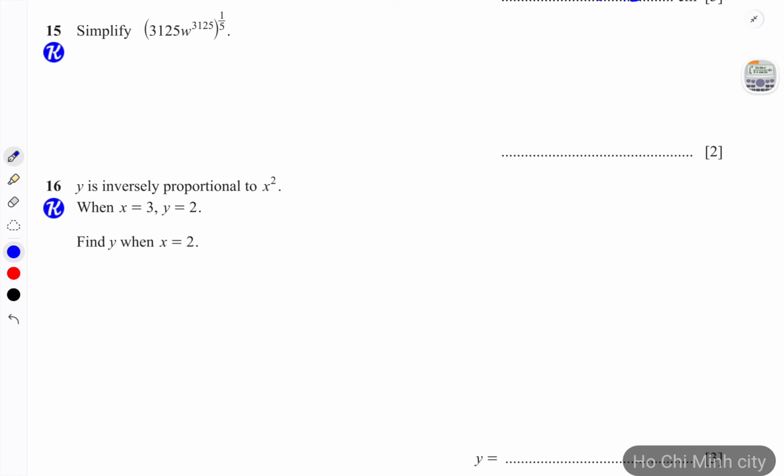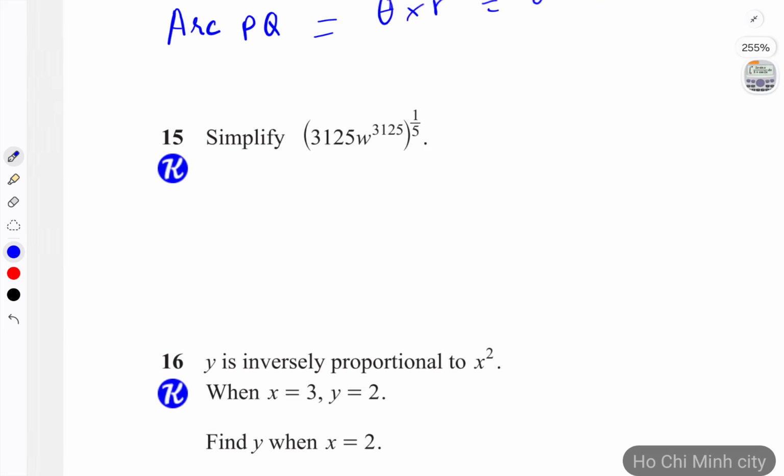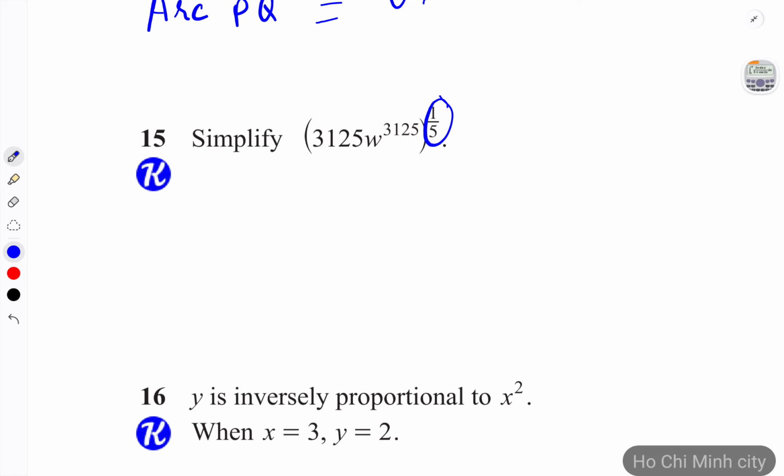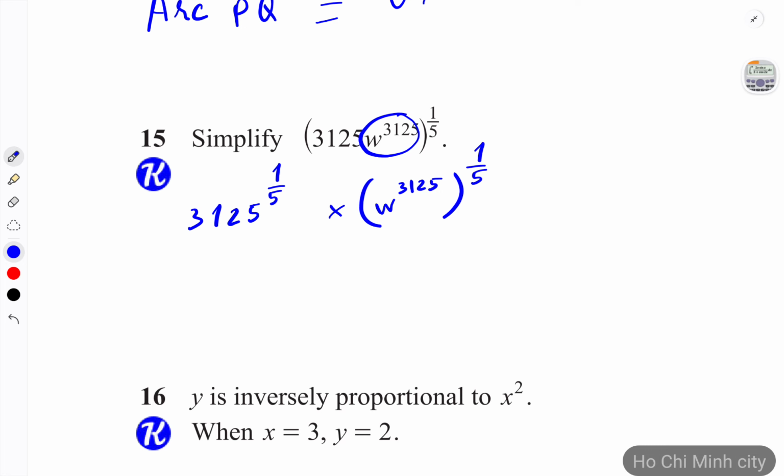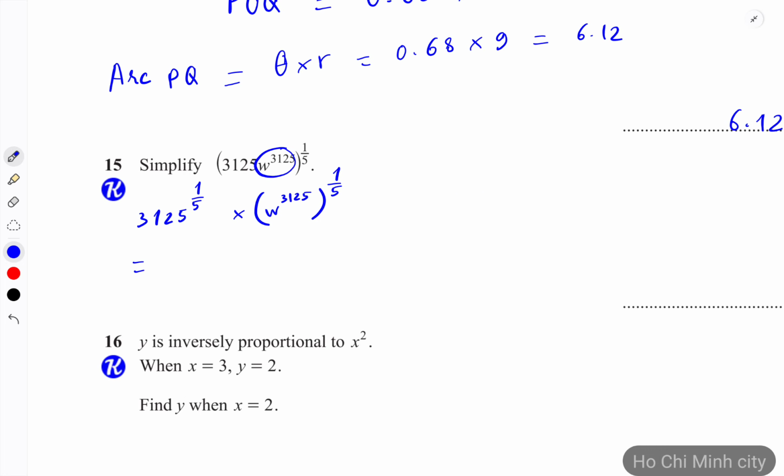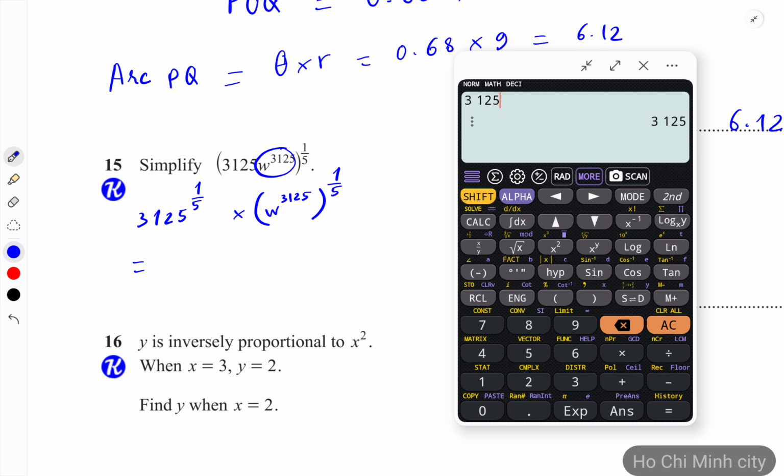All right, number 15. Simplify this. We know that one is the power of a product of two expressions, right? So we will take the power of each of them. So 3,125 to the power of 1 over 5 multiplied with this one, 3,125 to the power of 1 over 5.